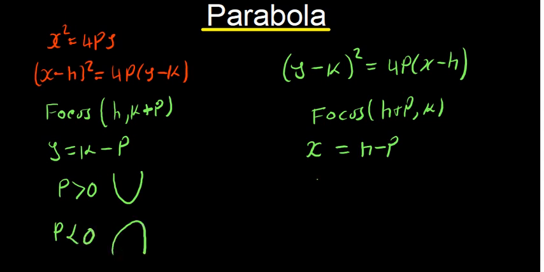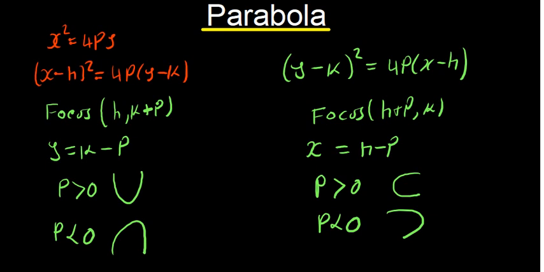Then for this one, if your p is greater than 0, it opens to the right. If your p is less than 0, it opens to the left. Of course, here we're just talking about the basic xy plane, but when you start rotating it, that's going to be a bit different. But we'll just focus on this part for now.